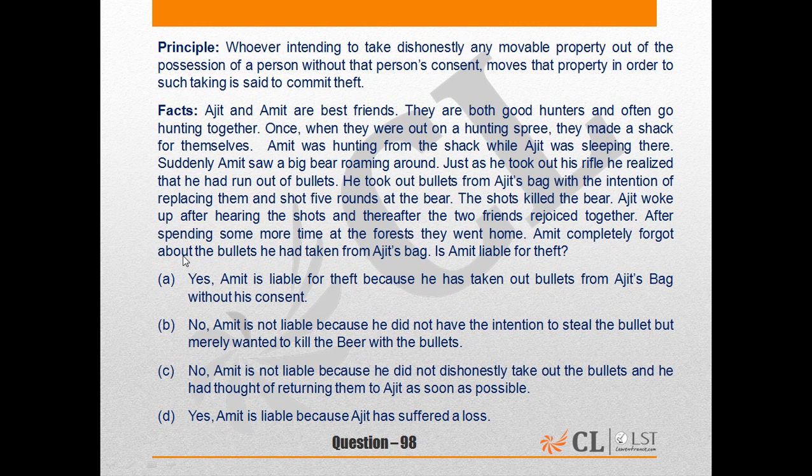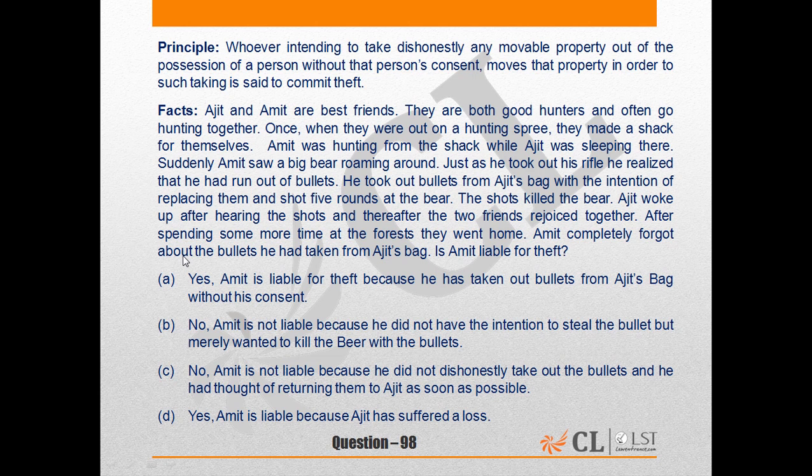Now we would come down to question number 98. Question number 98 is based on criminal law, and it defines the offense of theft.